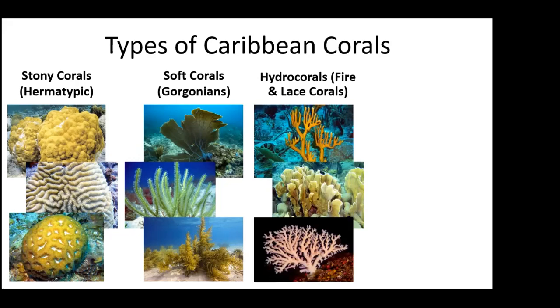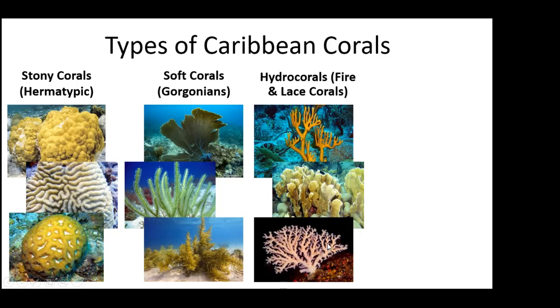Then there's hydrocorals. I'm sure as many of you on this call are very experienced divers, we've all had a run-in or two with some of the hydrozoans or the hydrocorals, which are your fire corals and your lace corals. So on the bottom here, if you can see my cursor, this is a lace coral or rose coral, and you see that in a lot of cave systems.